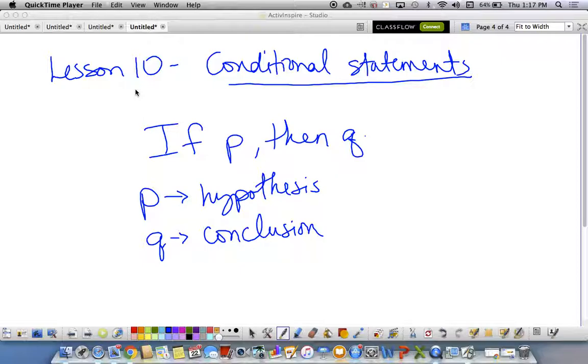Have you written any down? What do we call them? Theorems. If two lines are parallel to the same line, then they will be parallel to each other. Okay? You've written down lots of theorems.